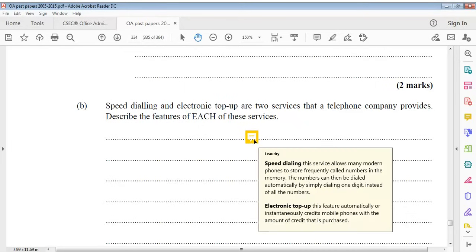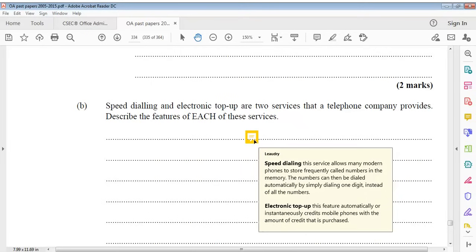Speed dialing. This service allows many modern phones to store frequently called numbers in the memory. The numbers can then be dialed automatically by simply dialing one digit instead of all the numbers. Let me go over that again.